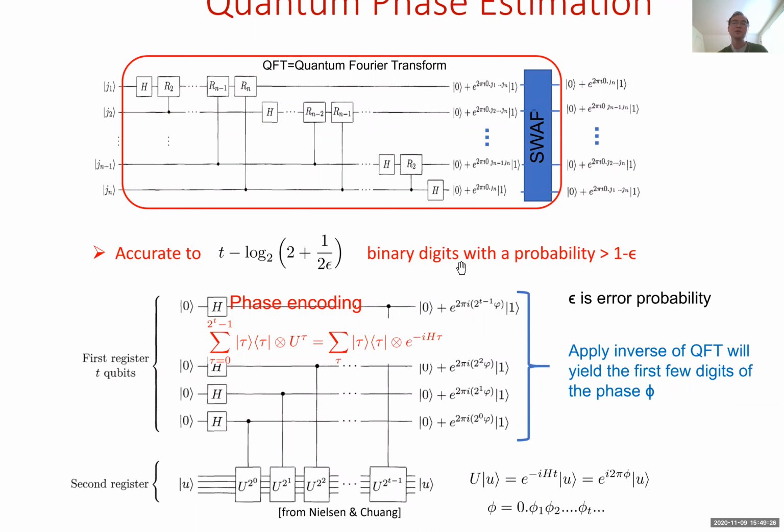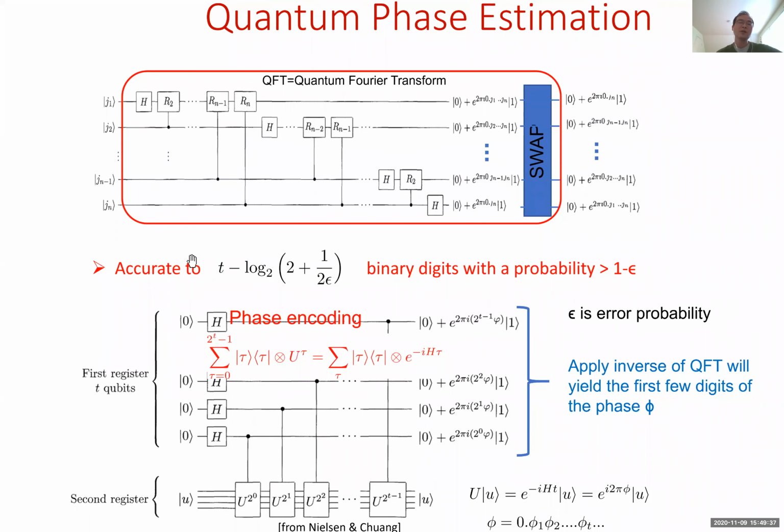Suppose the error is epsilon, or the success probability is 1 minus epsilon or greater, then if you have t bits, it's only going to be accurate to t minus this small amount of bits. Okay, so meaning the accuracy will be reduced by this amount.